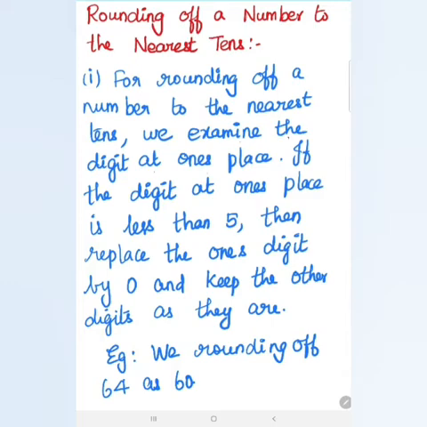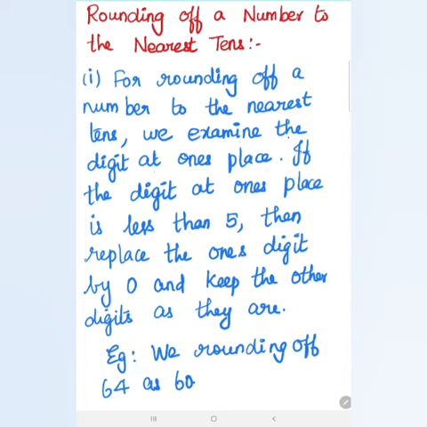If the digit at the ones place is less than 5, this is a very important line, then replace the ones digit by 0 and keep the other digits as they are.